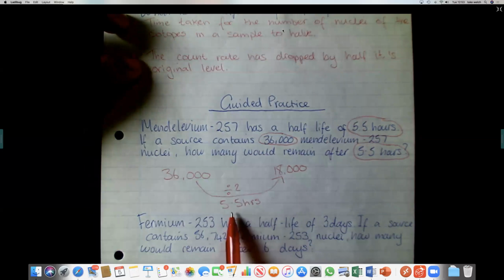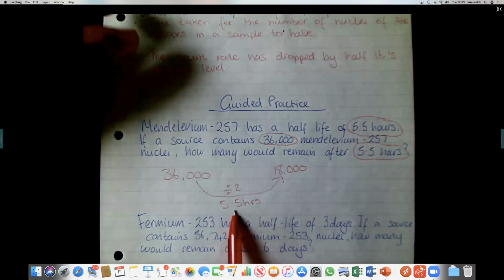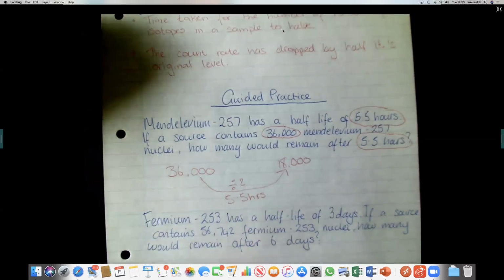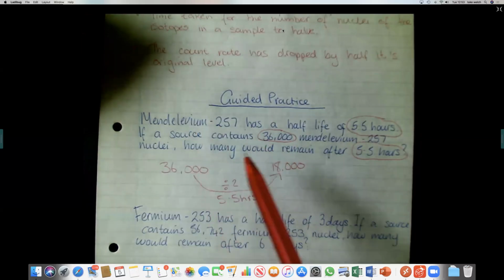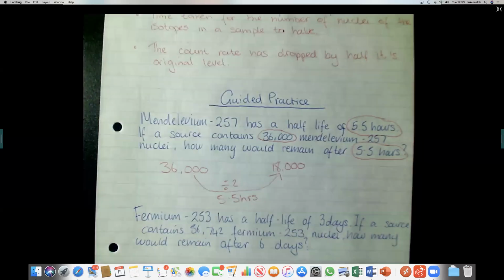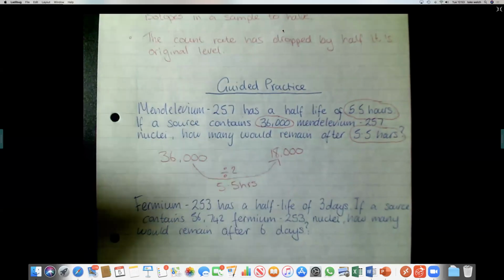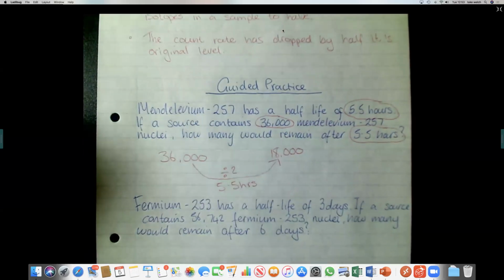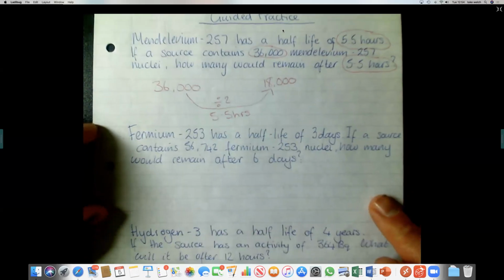Now, that's every 5.5 hours. And how long is the question asking me to work it out for? It says how many remain after 5.5 hours. That's all I have to do for this question. So the answer is 18,000. All I'm doing is halving the number we started with. So make sure you've got that down as an example. Then moving on, another example below.